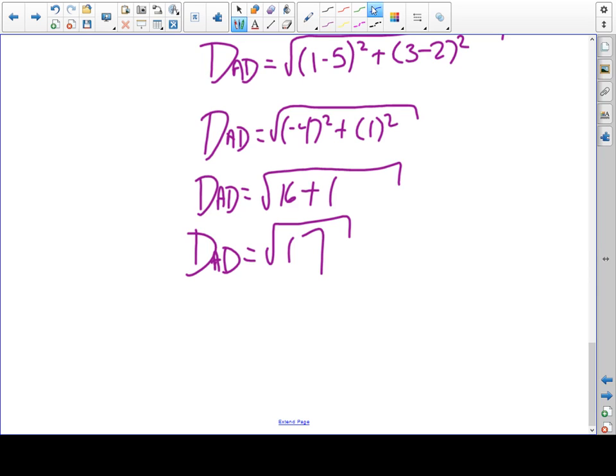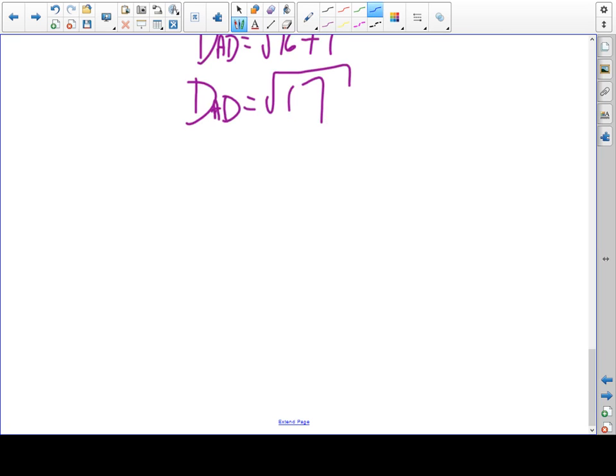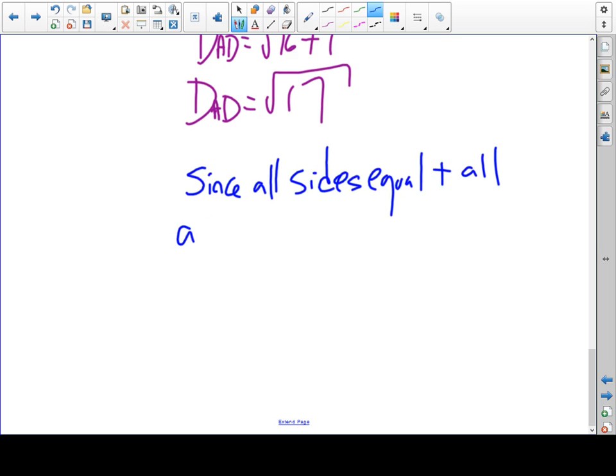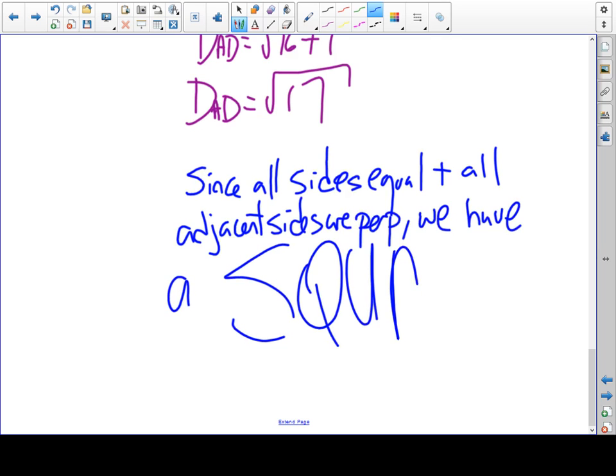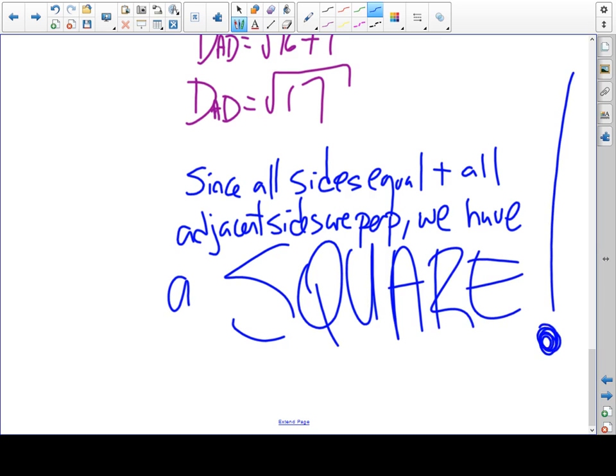What we say is, since all sides are equal and all adjacent sides are perpendicular, we have a square.